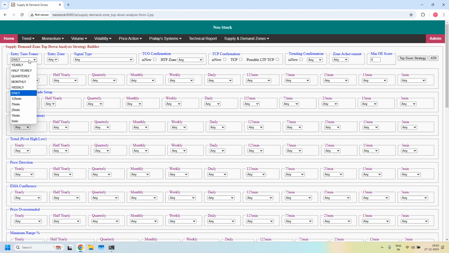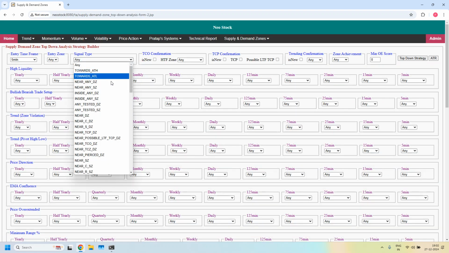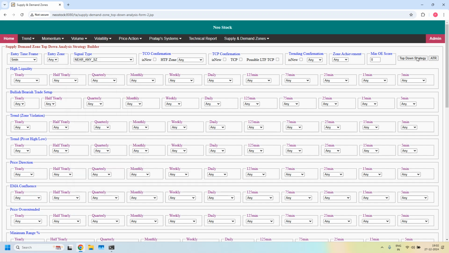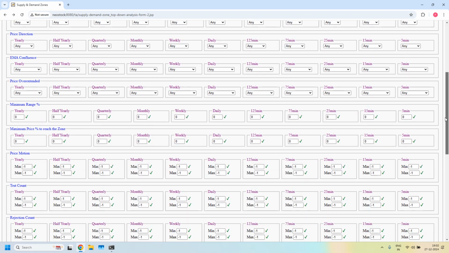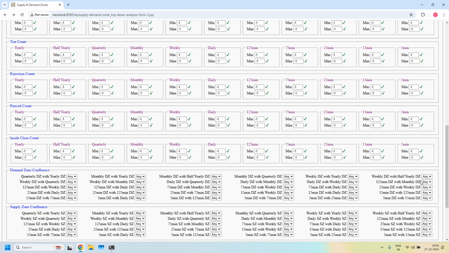Okay, next for 5 minutes time frame, stocks near 5 minutes supply zone, we got 7 stocks. Out of these 7, how many are having ITF supply zone confluence? That is 5 minute supply zone with 15 minute supply zone confluence. I am enabling the filter.